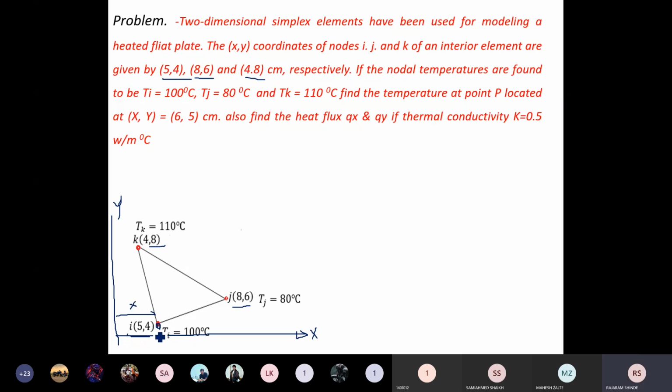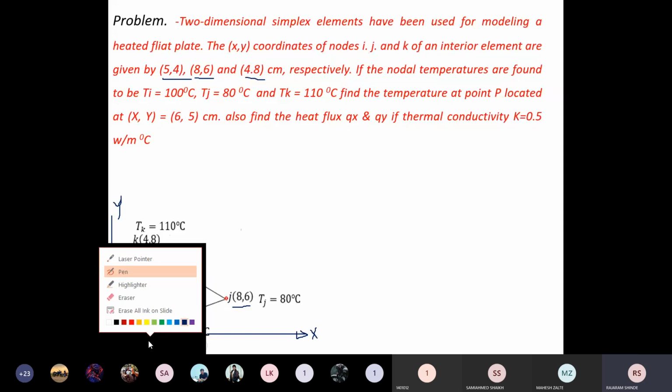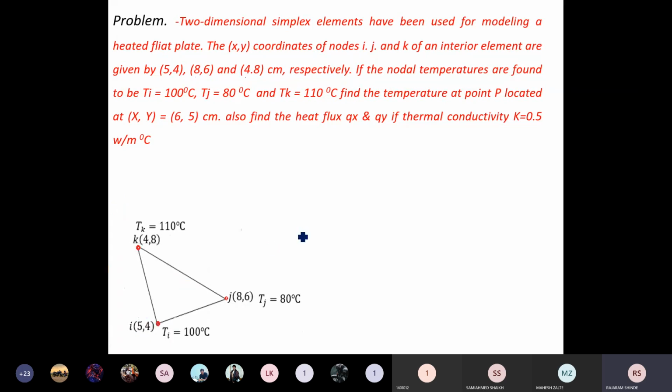Therefore we have taken 5, 4 as the coordinates of node i, 8, 6 as the coordinates of node j, and 4, 8 as the coordinates of node k. After that we have to calculate the shape functions.